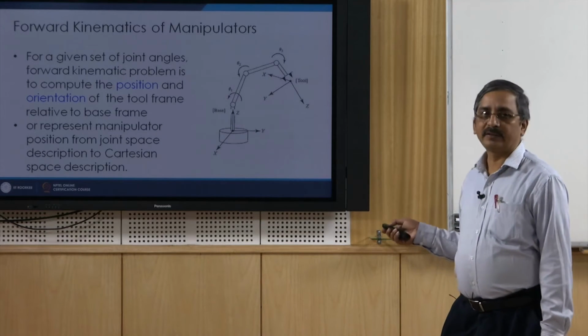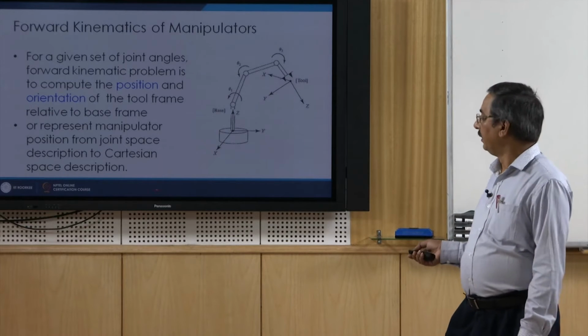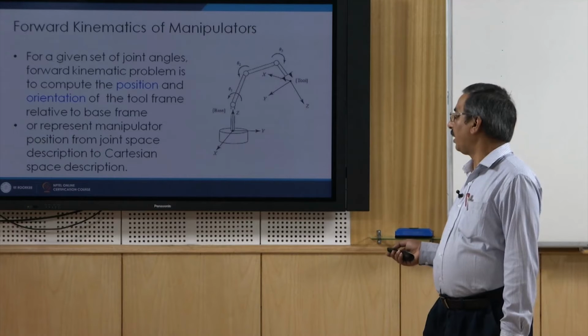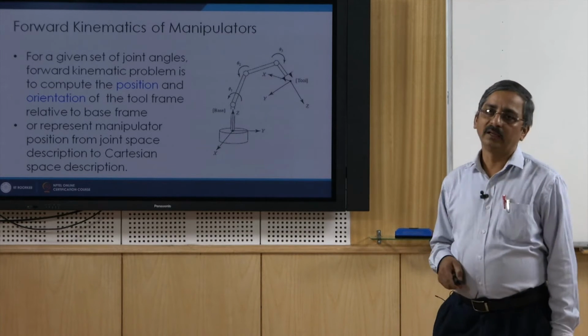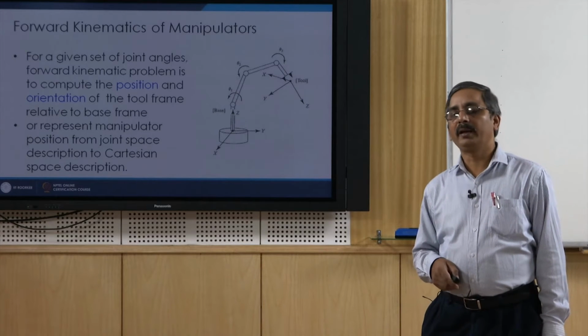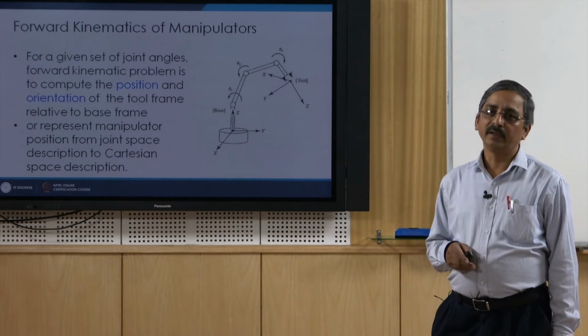This is what we also call the representation of manipulator position from joint space description to the Cartesian space description, and this is what we mean by the forward kinematics of the manipulator.